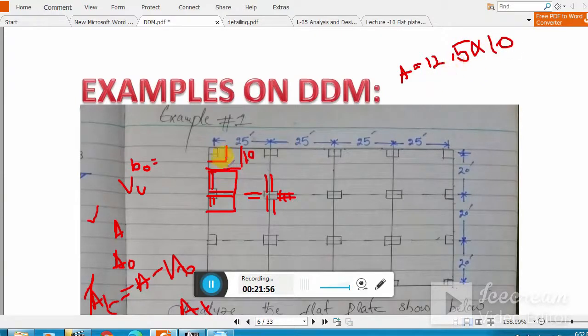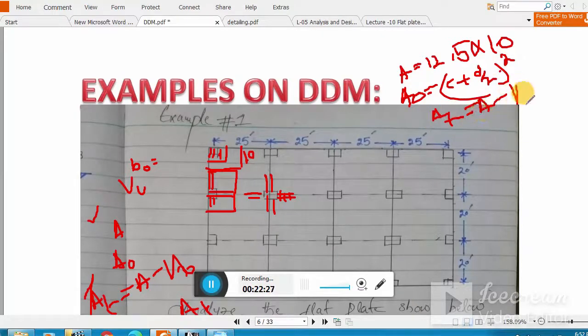Similarly A naught you can determine: as I explained in lecture number 10, it is C plus d by 2, squared. In this case it is squared because the two sides are equal: one side is C plus d by 2 and the other side is also C plus d by 2. You square it, you get A naught, and your tributary area is A minus A naught. So you can do this calculation by yourself.